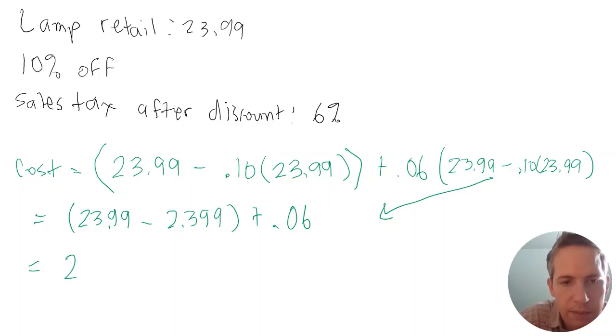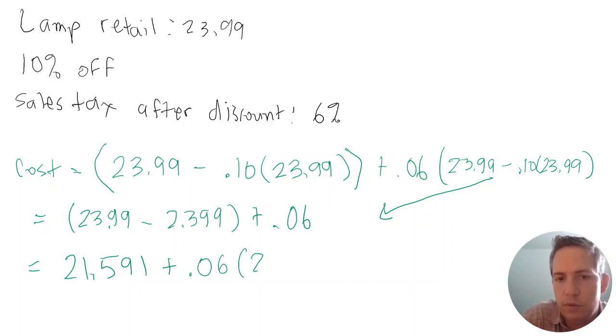Now, I am going to keep this around with the full decimal, even though it's $21.591, and there's no such thing as a 0.1 cent coin, but I'm about to add 6% to that, and the retail place that I'm paying this for is going to want that whole amount. So 0.06 times 21.591. When I multiply that, I get 1.29546.